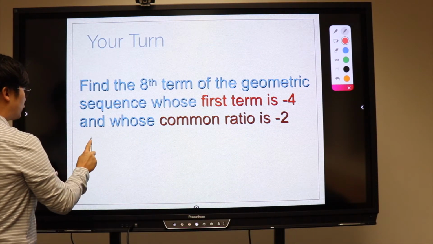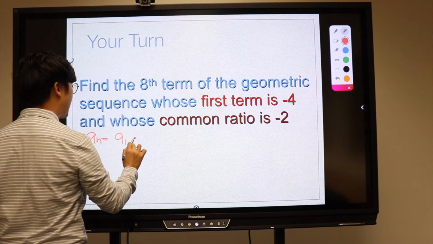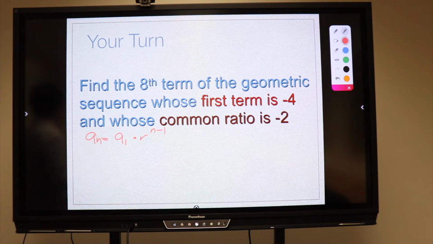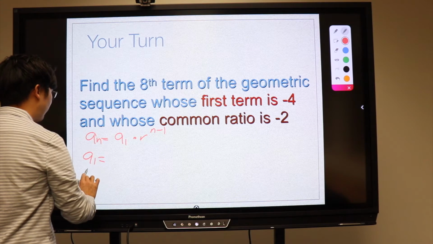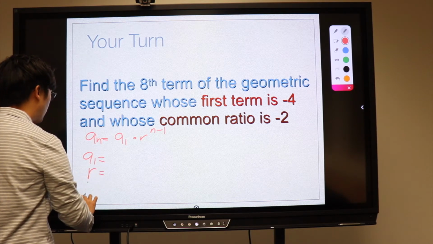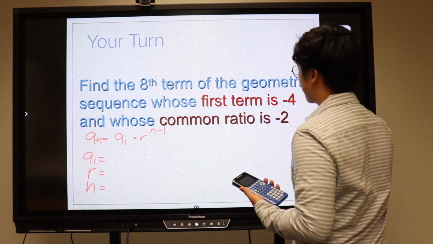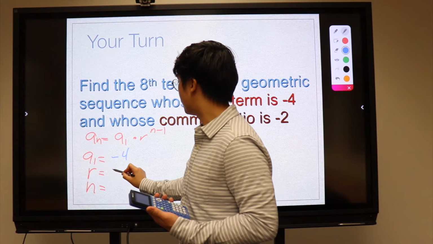Always write the formula that you need to use, which is a sub n equals a sub 1 times r to the n minus 1. You need to figure out your formula by finding a sub 1, by finding r, and what you're looking for. In this case, a sub 1 is what? Negative 4. And r is? Negative 2.